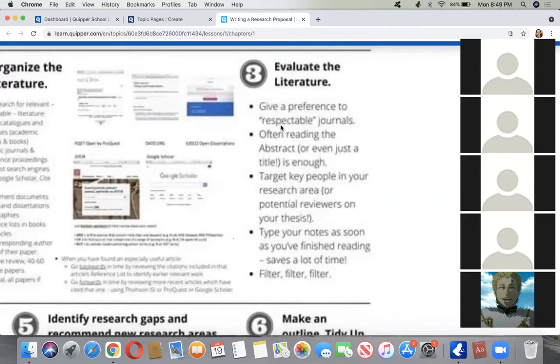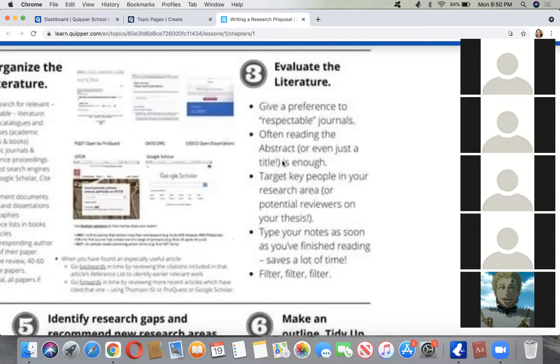Give a preference to respectable journals. So there are journals that you can see that very rigid talaga yung kanilang publication or yung kanilang review process. But usually yung mga mamahalin na mga journal, yun din ang parang mataas na reputation.